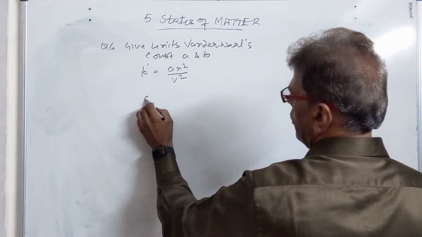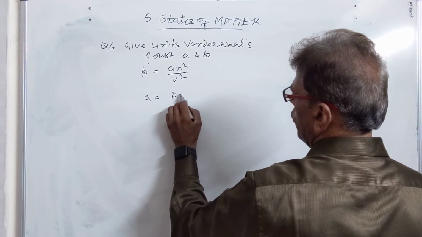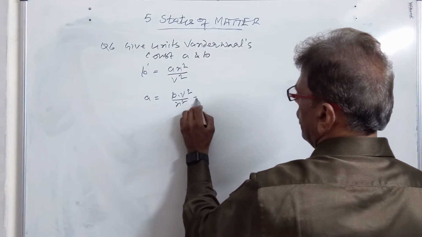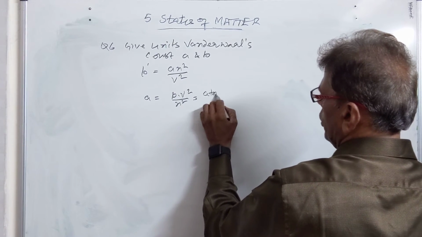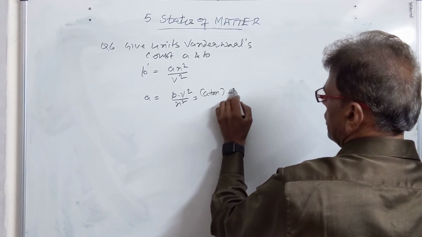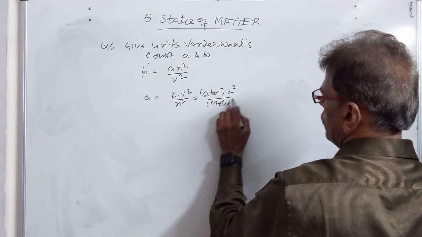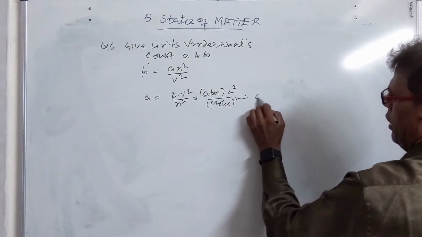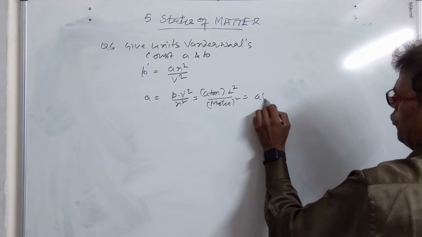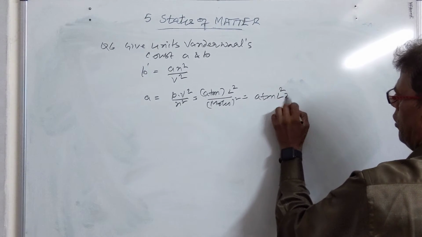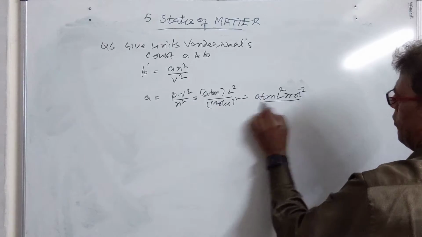If we want to give the unit of A, then it will be P into V squared upon n squared. P is pressure in atmosphere, volume in liters, number of moles. So its unit will be atmosphere liter squared mole squared inverse.